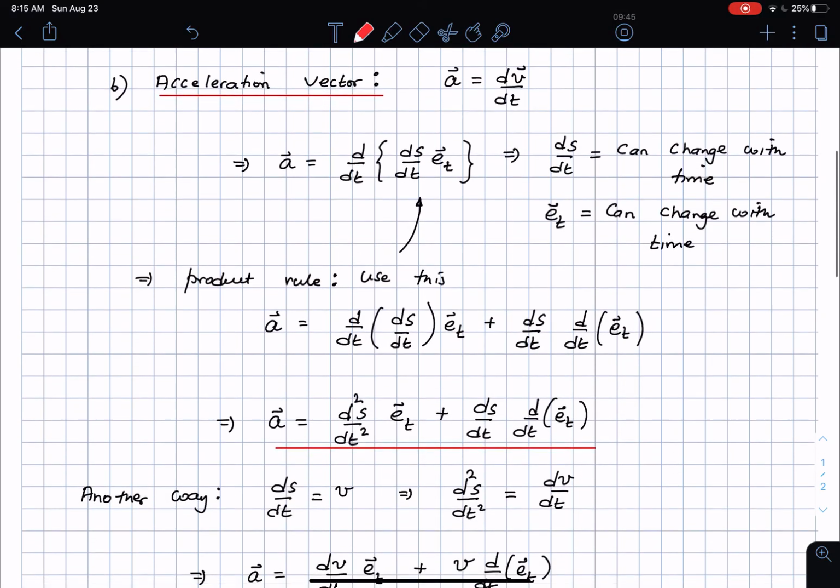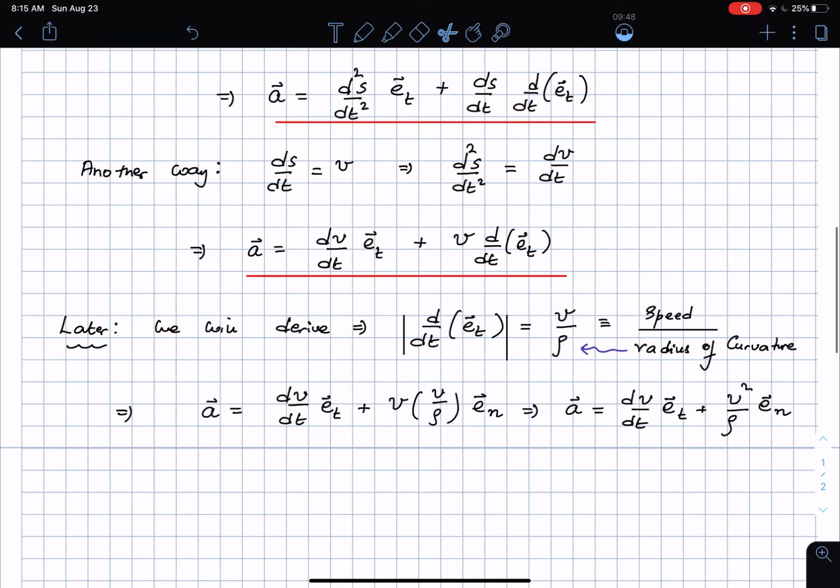Okay, so I want to underline one more thing as well. That's the way we have written the acceleration here, so that's also another way of writing the acceleration vector.